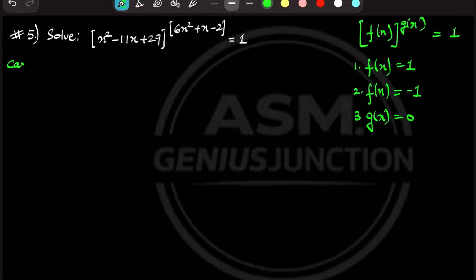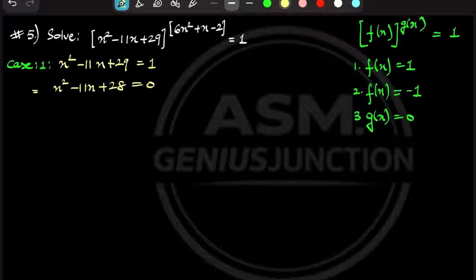So case 1, where I'm going to put f of x, that is x square minus 11x plus 29, equal to 1. Let's solve this. Solving it further, I'm going to get x square minus 11x plus 28 equal to 0.